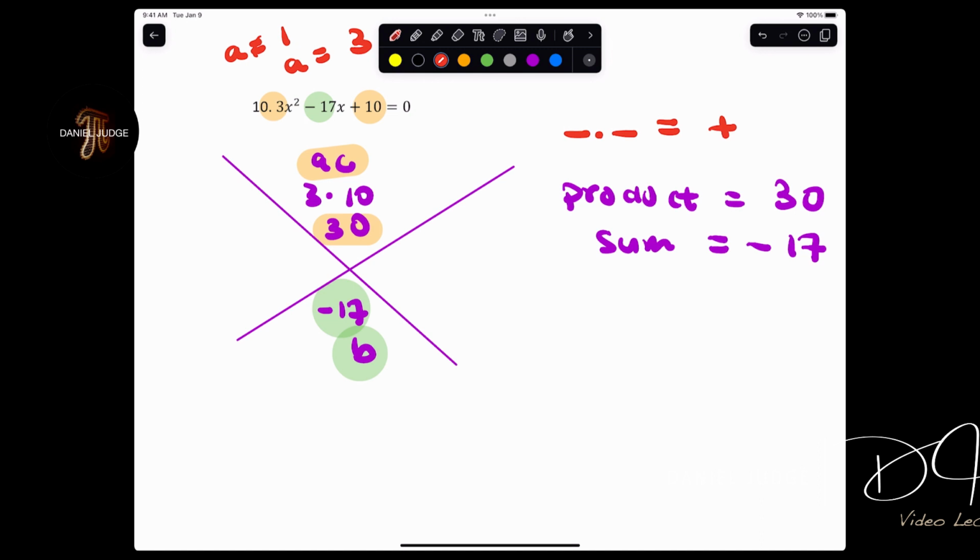See, a negative times a negative will be a positive, but a negative plus a negative will also be negative. So I need two numbers multiplied together. Both have to be negative. Product is 30 and positive 30 at that, yet the sum is negative 17. And it looks like it's going to be negative 15 times negative 2.